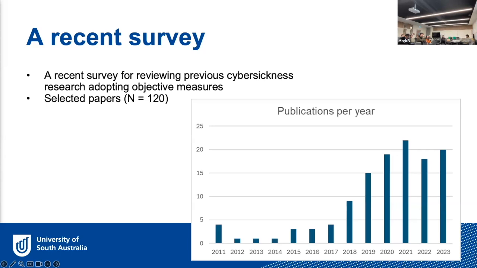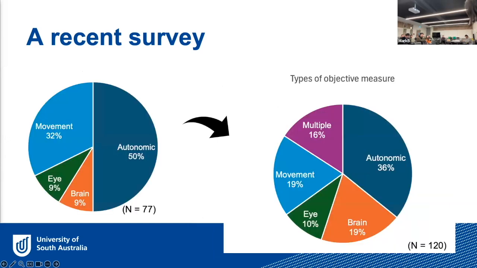As you can see here, the number of articles studying cybersickness using objective measures is increasing, and compared to the previous one, it seems there's more interest in brain-related measures, the brain activity of cybersickness.